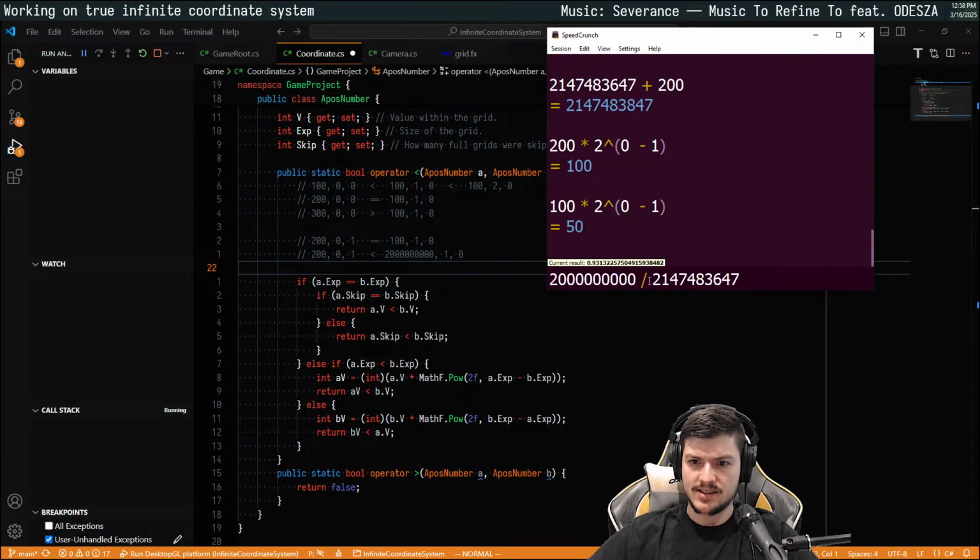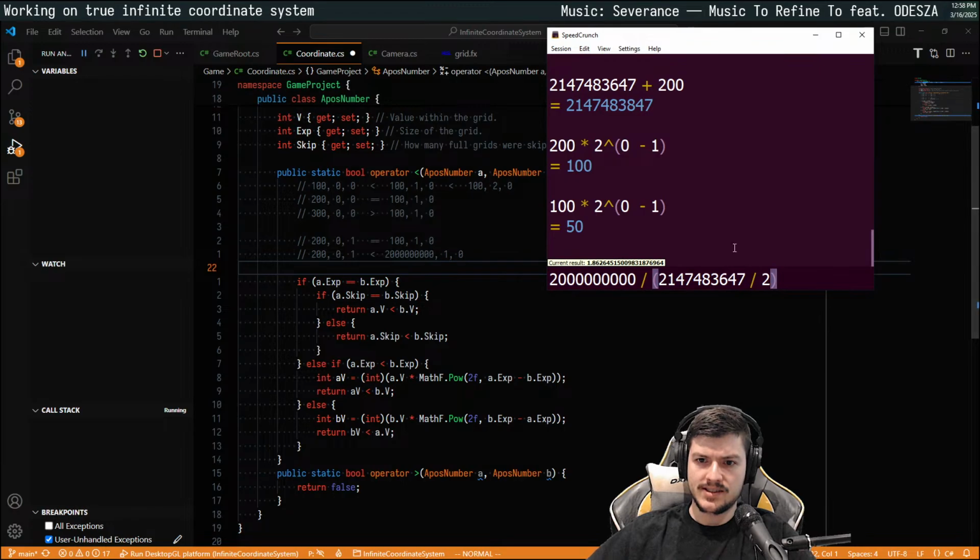I guess this is not quite right. 1.6. So that shows me the skip.